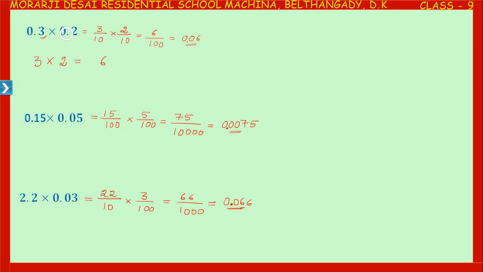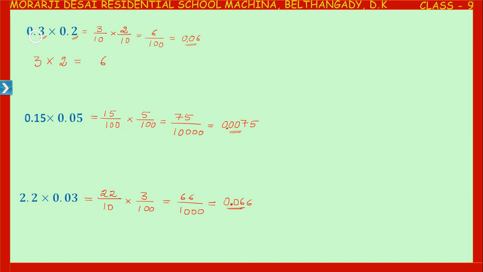In 0.2, the number of digits after the decimal point is 1. So 1 plus 1 is 2. So in the answer, after the decimal point we have 2 digits. So the number of digits after the decimal point in the answer is equal to the sum of the number of digits after the decimal point in the numbers to be multiplied.